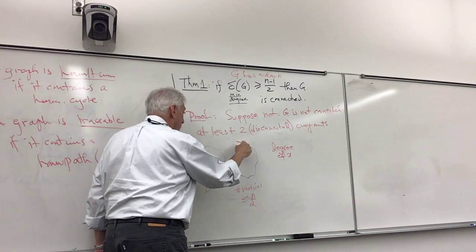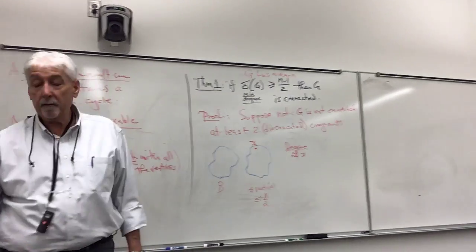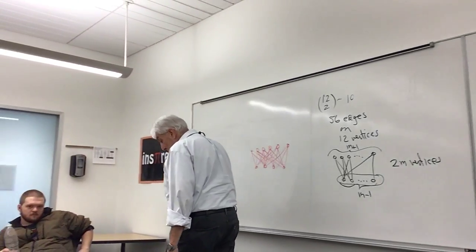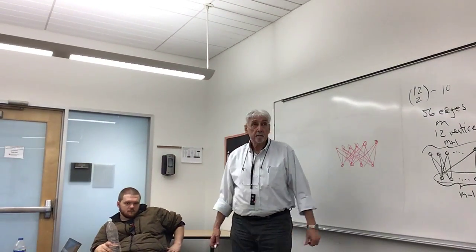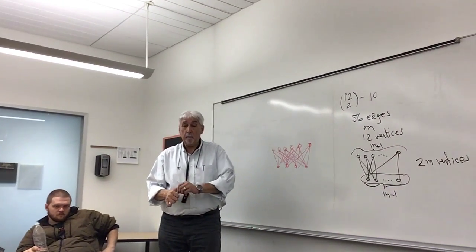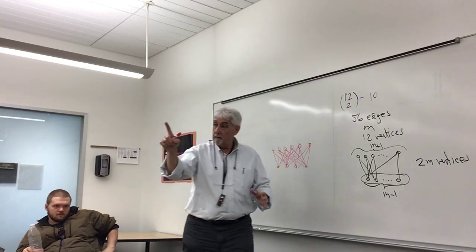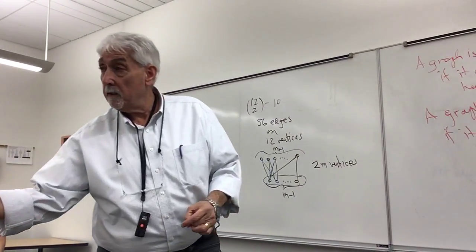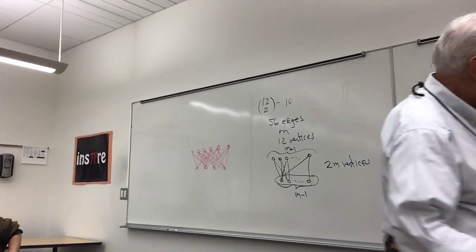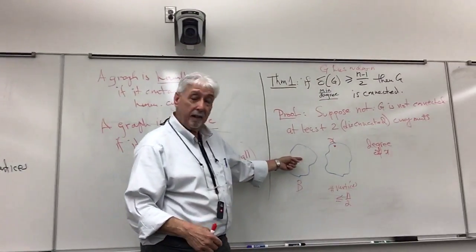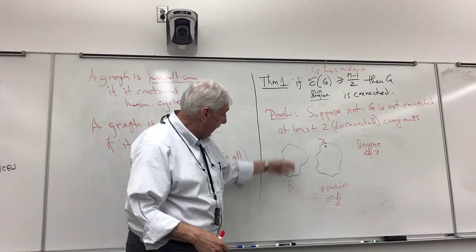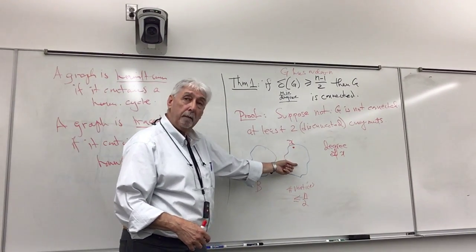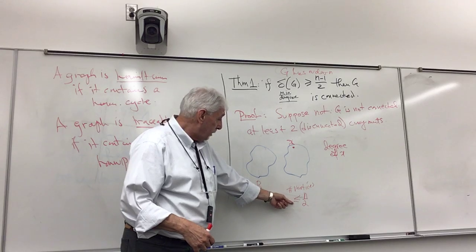What can you tell me about the degree of that vertex? Can it be n? No, why not? If it's n, it would be connected to these points over here. So x is not adjacent to anything here. The only points it could be adjacent to are in this blue blob. And how many vertices are in this blue blob?